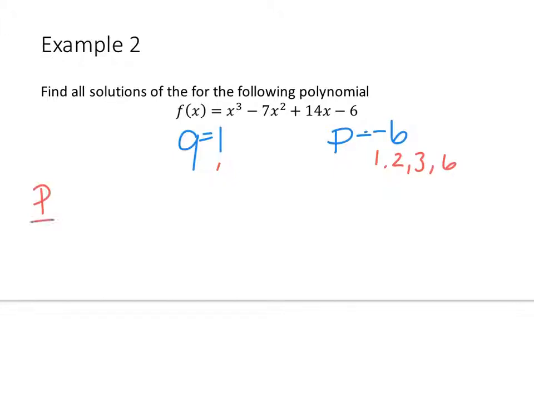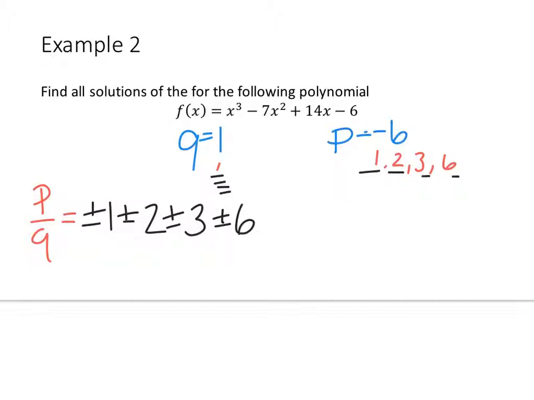So my p over q list is going to be 1 over 1, which is just 1, 2 over 1, which is just 2, 3 over 1, which is 3, and 6 over 1, which is 6. Because q is 1, that's just going to be my list.